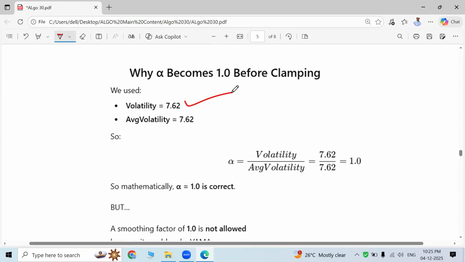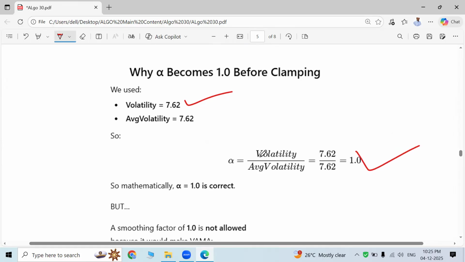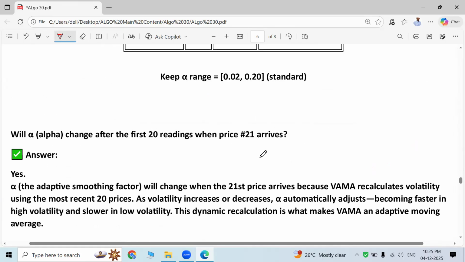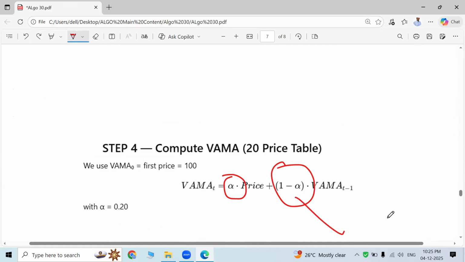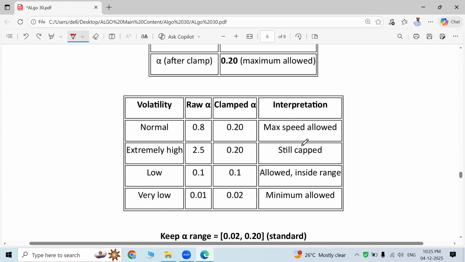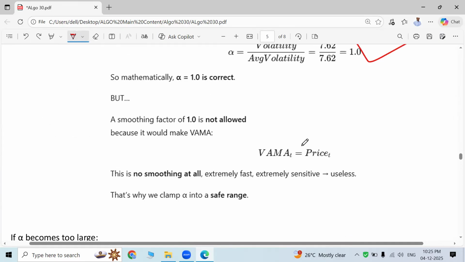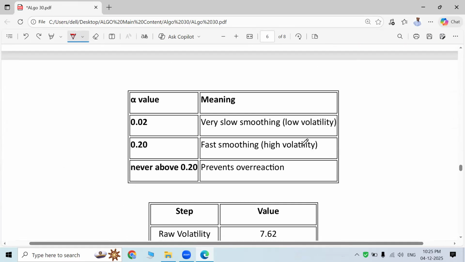Due to that we are getting the alpha value as 1. Now if I keep this alpha value 1 in this formula, then this becomes 0, which we don't want. So we need to choose alpha in a scientific way. If the alpha is chosen near this, it works very nicely in a low volatility environment.